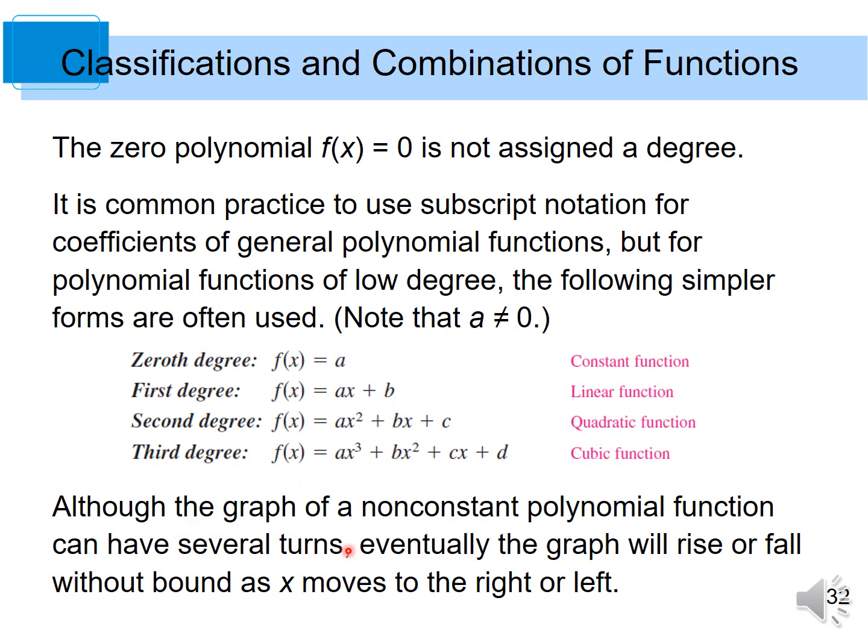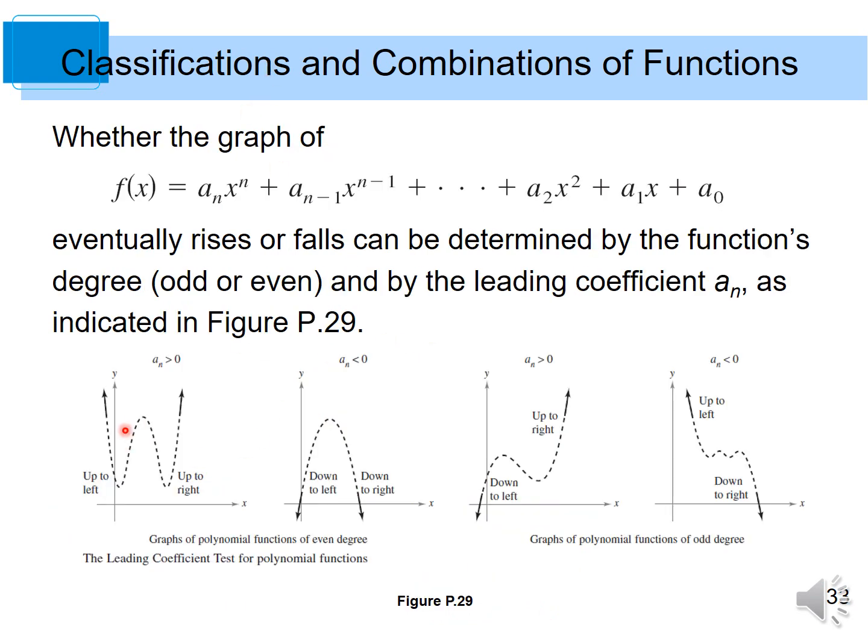Although the graph of a non-constant polynomial function can have several turns, eventually the graph will rise or fall without bound as x moves to the right or left. Whether the graph eventually rises or falls can be determined by the function's degree, odd or even, and by the leading coefficient.